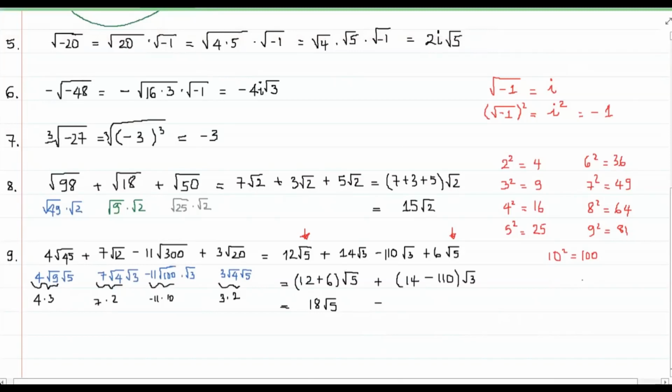Okay, so I have the negative in front. I just take 110, subtract 10, then subtract 4. That's faster. So 110 subtract 10 is 100. 100 subtract 4 is 96 square root of 3.